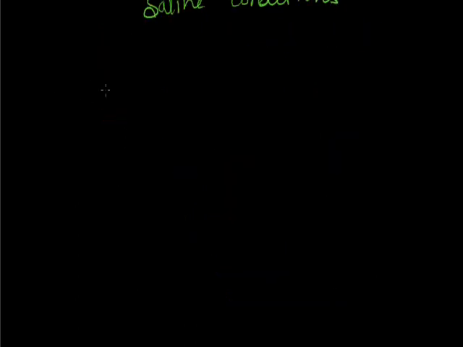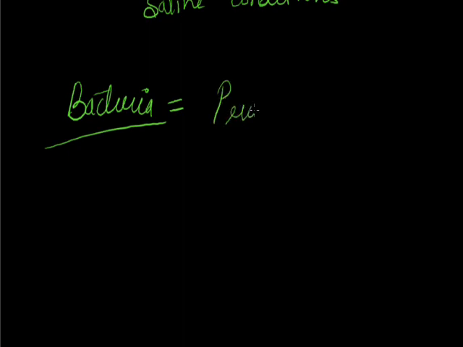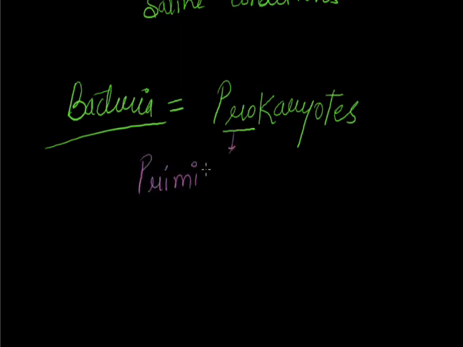Now we will first take bacteria. We will study bacteria first. Bacteria are prokaryotes. Here, pro means primitive or old, and karyos means nucleus.